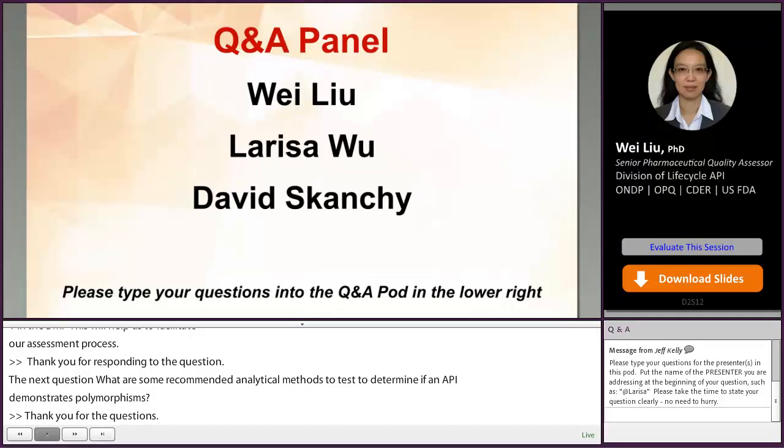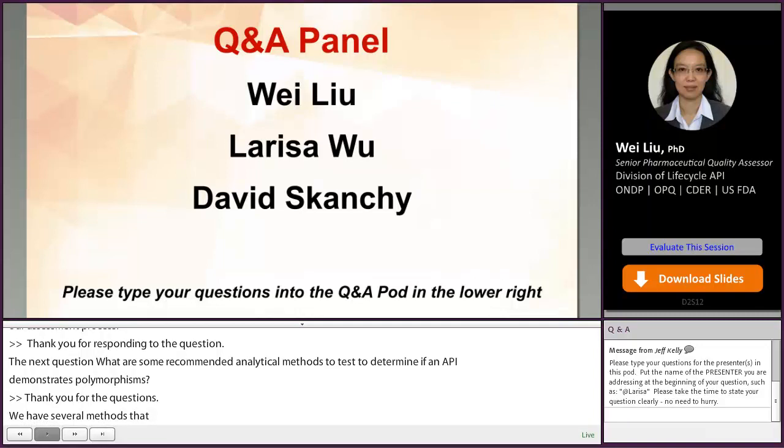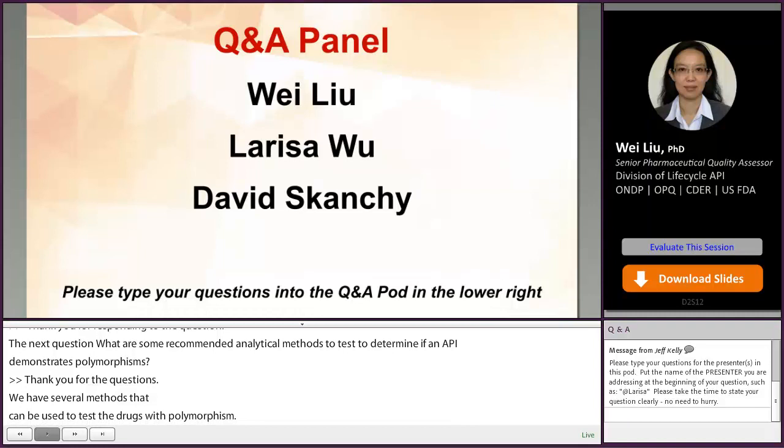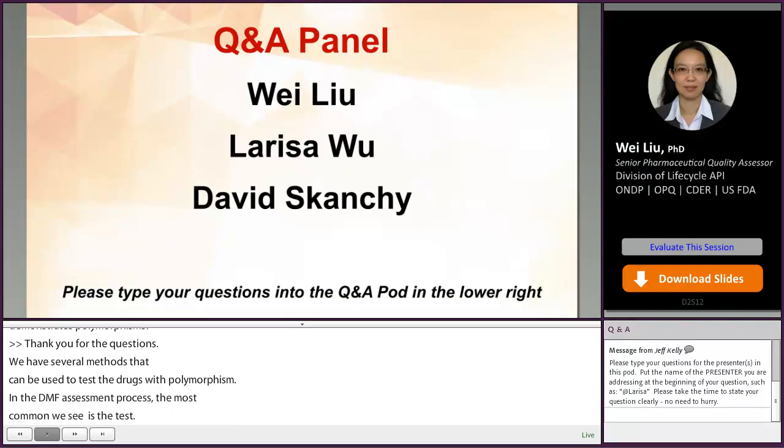And in the actual DMF assessment process, the most common we see is the XRD test. In addition to that, some DMF holders can choose the IR test or DSC test if that's suitable to the different polymorphs of the drug substance.